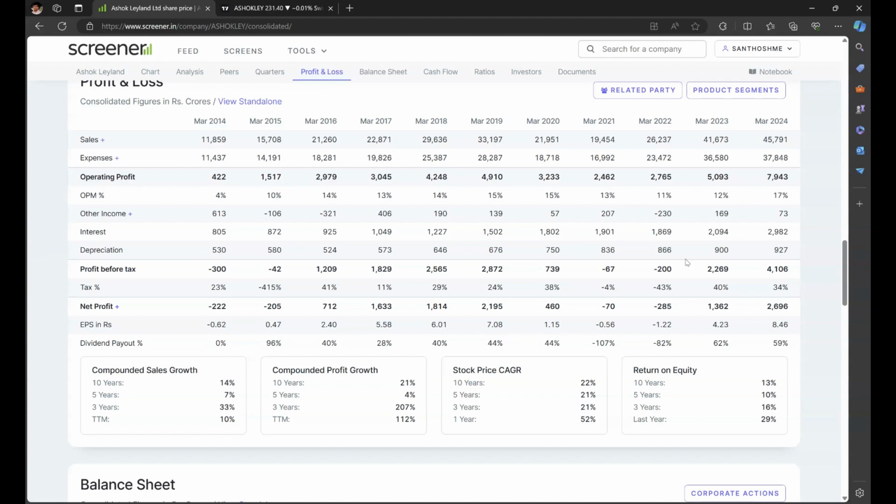Profit before tax improved in the last 2 years, and tax percentage is good for the last 2 years. We don't need to look at the last 10 years; even 2 or 3 years should be good enough. Net profit has increased in the last 2 years, and they also give a good dividend, which is also a good thing.